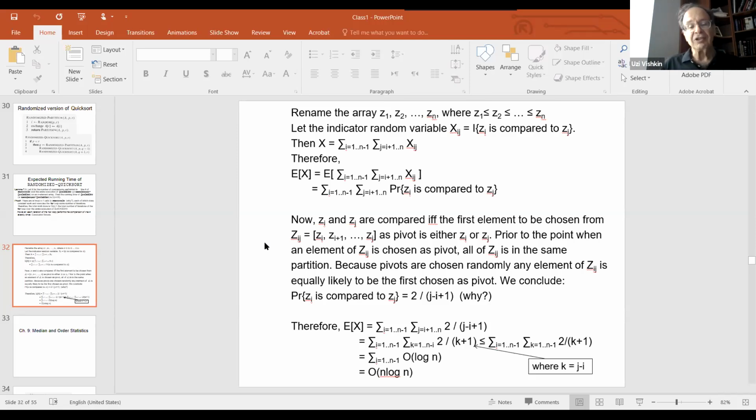So now that we have a clear idea of the probability of comparison of Zi to Zj, and we have a closed term for the probability, what is the next question? The next question is to figure out what we spoke about earlier, which is the expected value of the sum of all the pairwise indicators, Xij, which is the sum of all the probabilities of comparing a Zi to a Zj over all pairs.